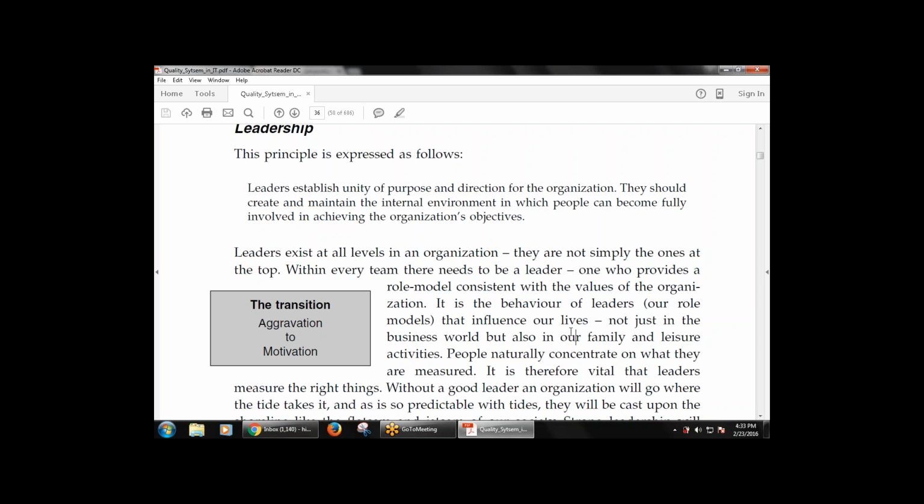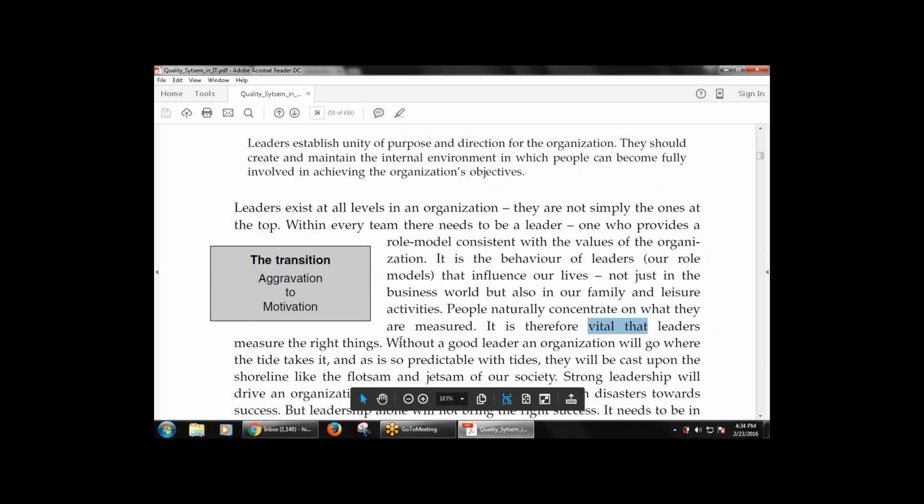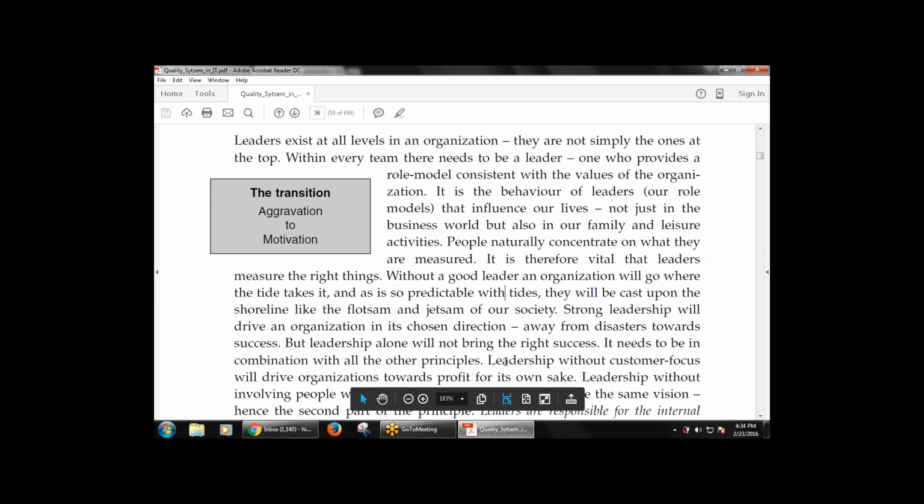And people naturally concentrate on what they are measuring. It is therefore vital that leaders measure the right things. Without a good leader, an organization will go where the tide takes it, and it is predictable with the tides. That means the leaders provide the cast of the shoreline.